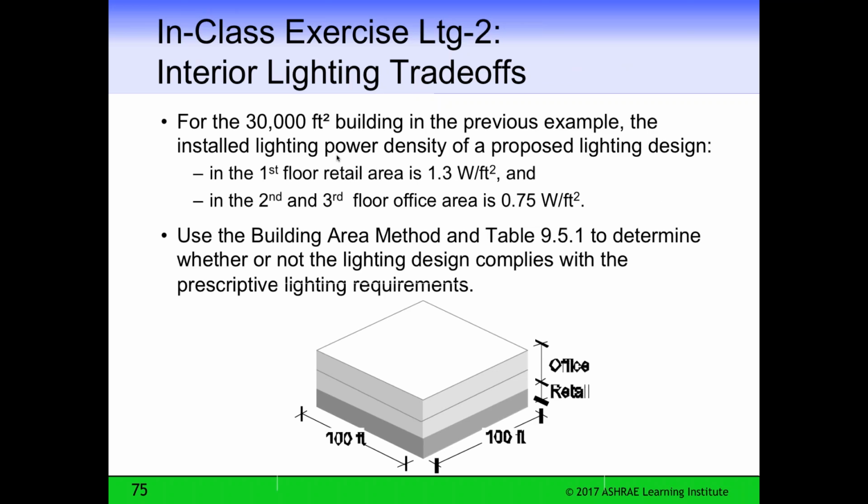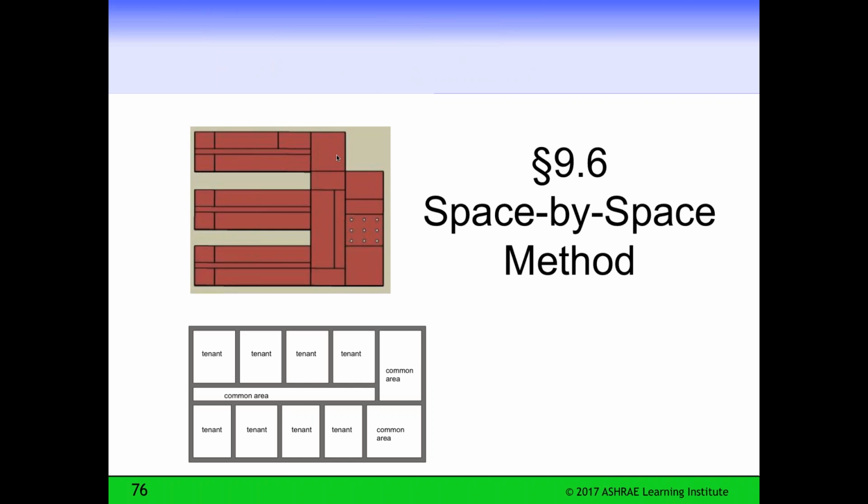The second exercise is if you have a first floor retail that is using more than the allowable wattage and the second and third floor use less, does the whole building comply if you calculate the combined total of all the spaces? I'll let you do that. Yeah, but these are two different examples.